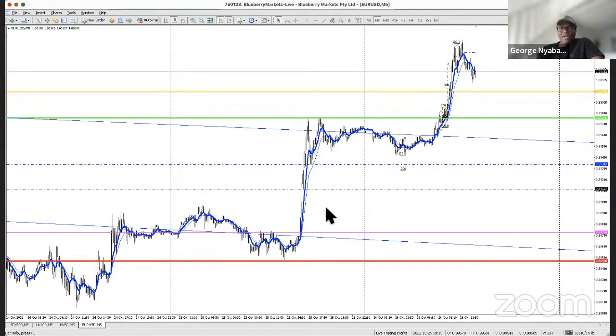Okay. Another way to look at it, if you looked at this and said, hang on a second, there's something interesting here. The market went up, this whole bull thing, and it pulled back to that level. I don't know if you can see that.